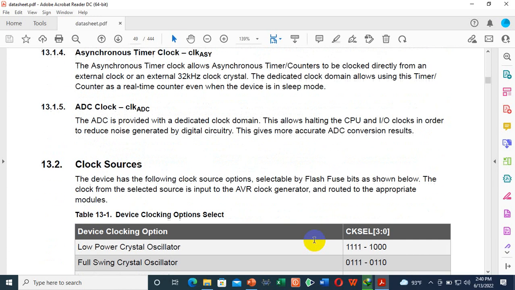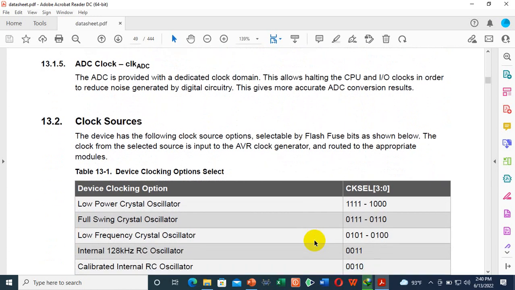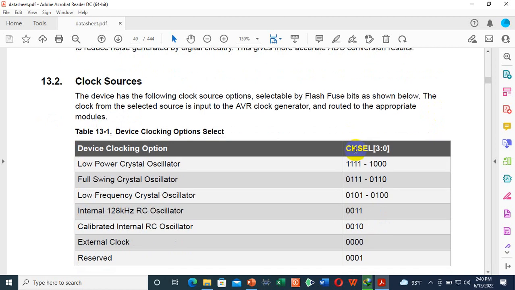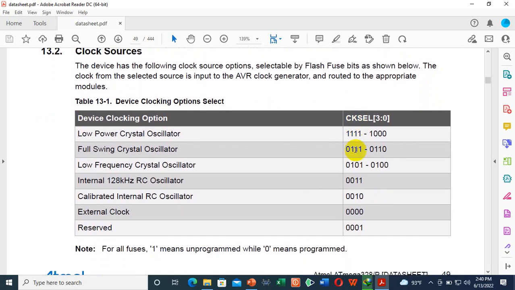Clock sources. Now, the device has the following clock source options, selectable by flash fuse bits as shown below. That is a register, and in that register you can set or reset different bits. The clock from the selected source is input to the AVR clock generator and routed to the appropriate modules. So this is the clock selection, bit positions 0 to 3.